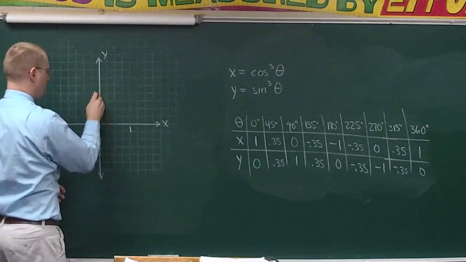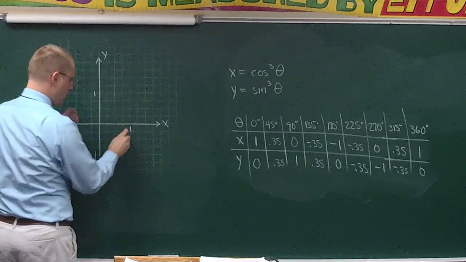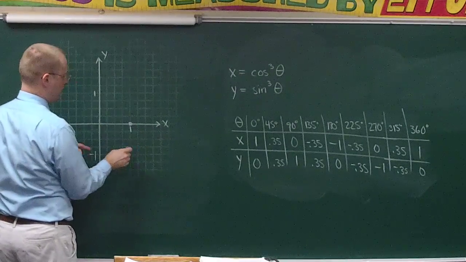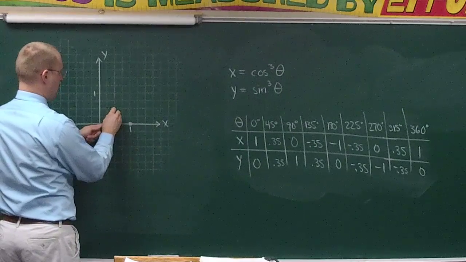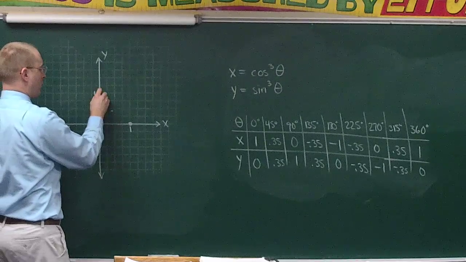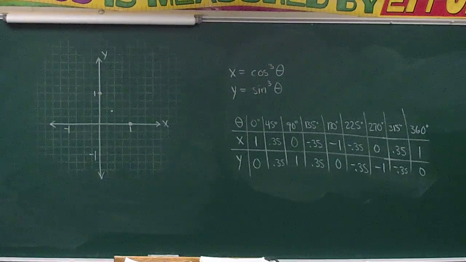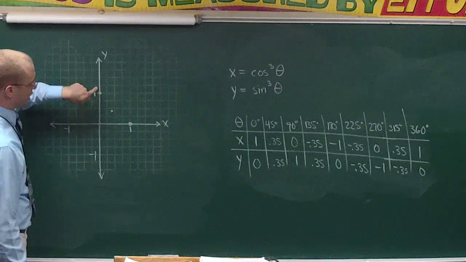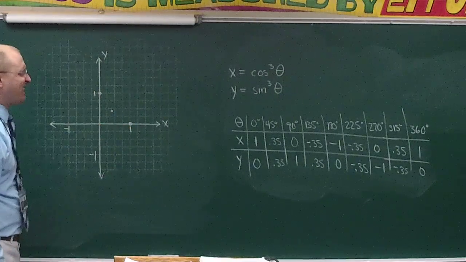So 1, 1, negative 1, negative 1. So starting at 1, 0, then 0.35, 0.35 is going to be right about here, 0, 1. You kind of see it's got a little bit of a curvature here. Do you see that? It's not going to be a straight line.